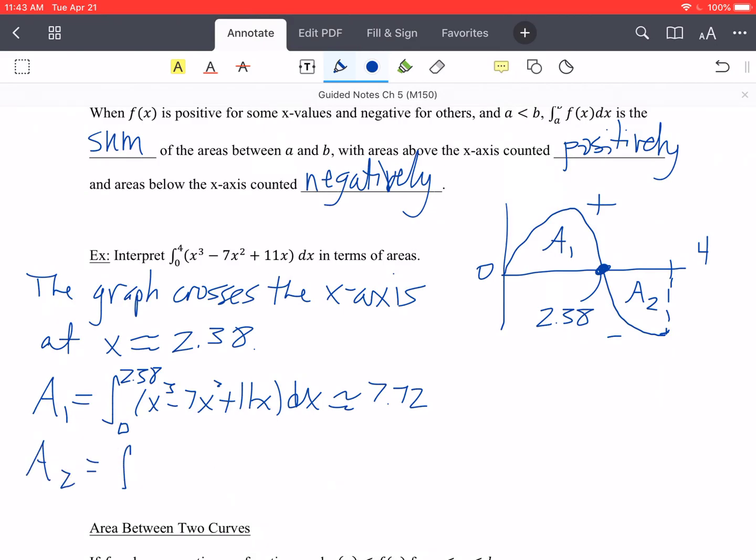And then A2 is the area from 2.38 all the way up to 4. So 2.38 to 4 of x cubed minus 7x squared plus 11x dx. So we've got our integrand there. And this value is approximately negative 5.05.